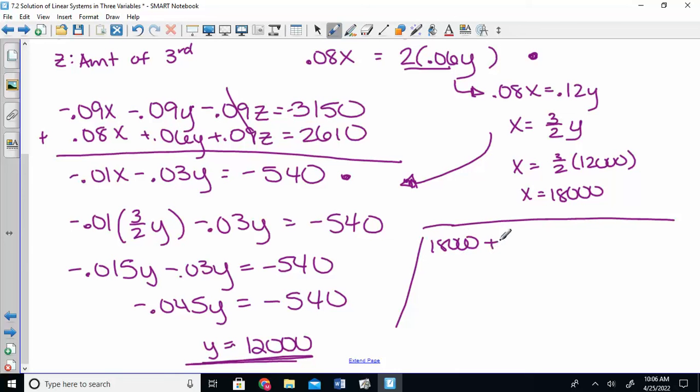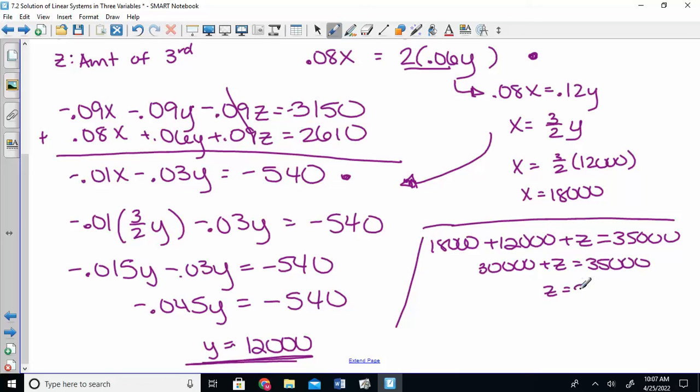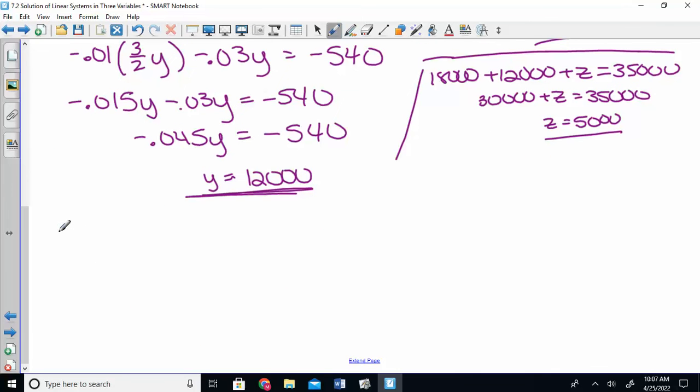So that's x, which is 18,000, plus y, which is 12,000, plus z equals 35,000. And we get z to be 5,000. How do we have to finish it? x, y, z.